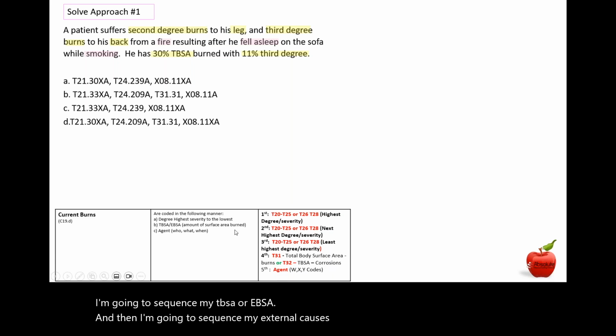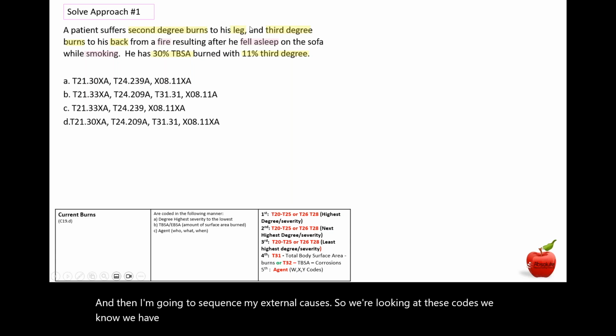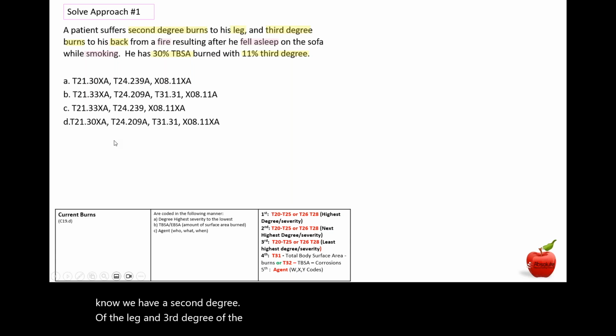If we're looking at these codes, we know we have a second degree of the leg and third degree of the back, so I can't really tell what's what. I'm looking at C. The second code doesn't have a seventh character extender, so maybe that's eliminatable right away.